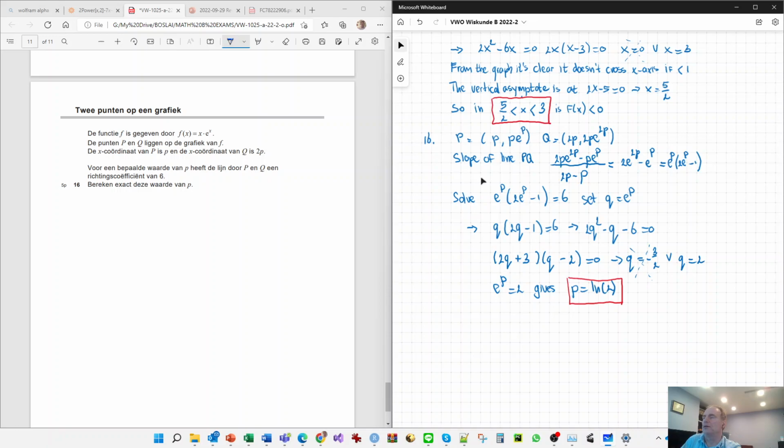So I think you cannot talk about the slope of a line going through the origin. They don't specifically say that P is not equal to Q, but I think that's the reasonable assumption here.